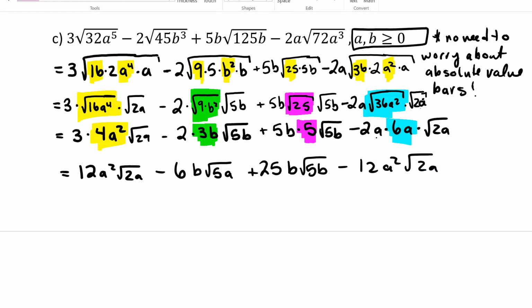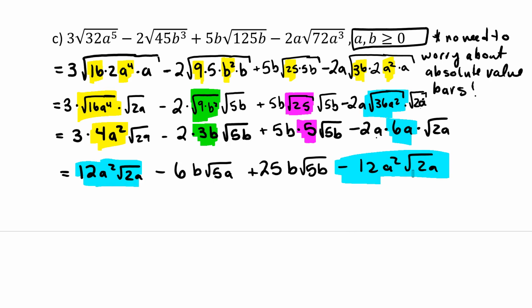Now again, we're going to do a little math happy dance of joy, because I have like terms with this one and this last one. So not only do I have the root 2a, but I also have the a squared that's attached to it, which is important.